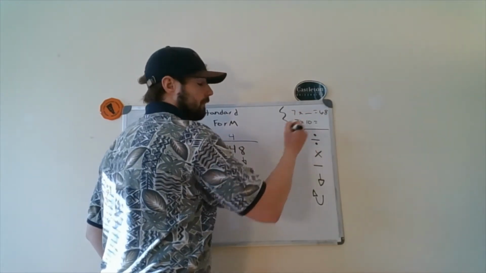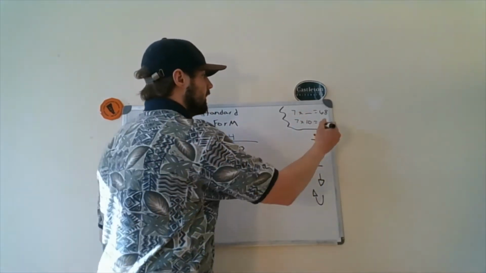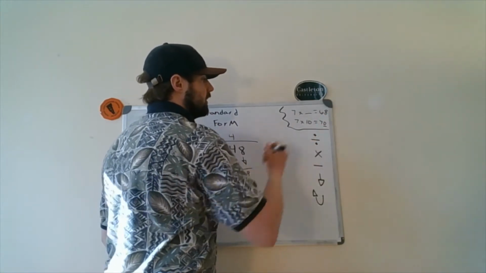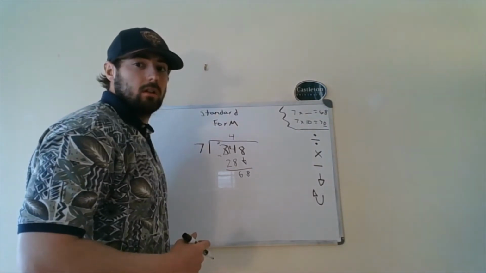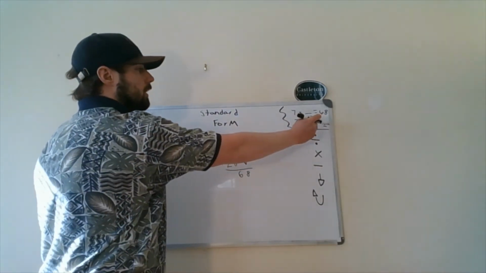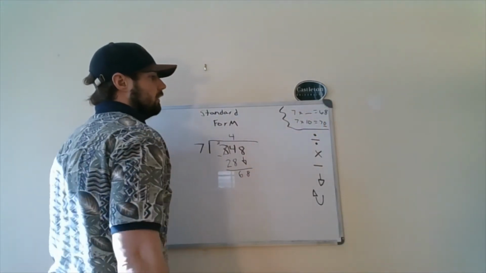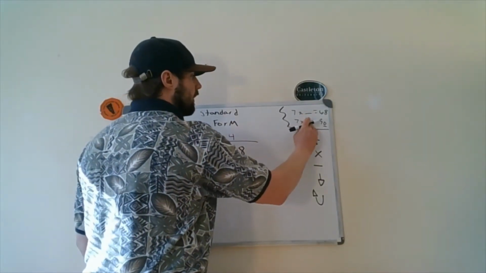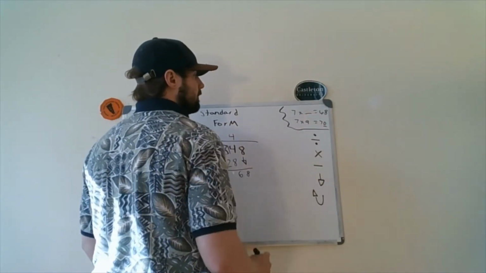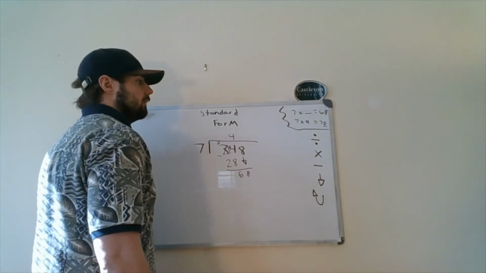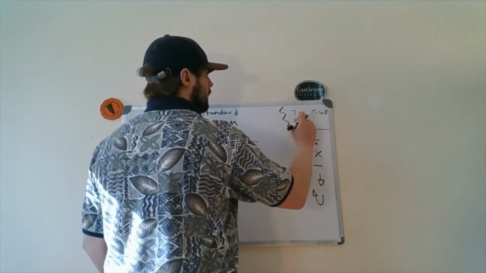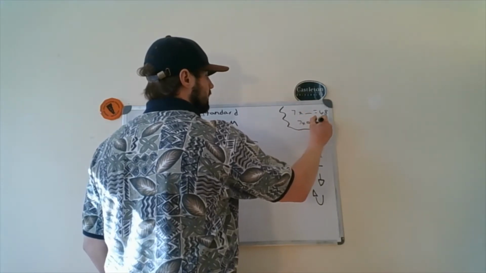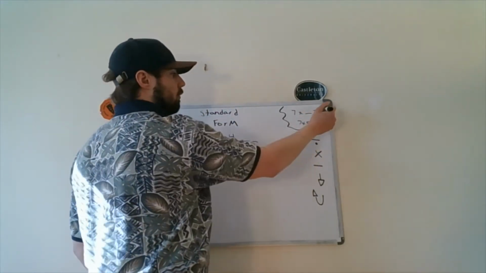It's 70 because I am tacking on that 0. 70 is too much. That is too big of a number to divide into 68. So I need to figure out what 7 times 9 is. 7 times 9 is 63. That will work.